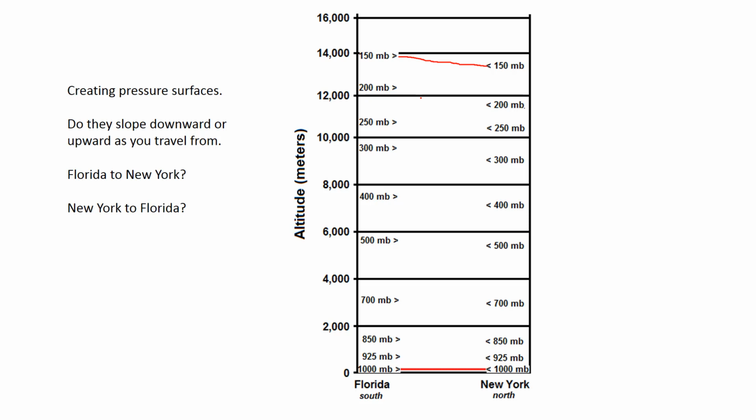As I fly to New York, at some point my pressure drops to 200 and then ends up being below 200, so I'm now above the 200 millibar surface over New York. So as I'm traveling at a constant elevation, again going from the warm air mass to the cold air mass, that results in a decline in pressure outside.